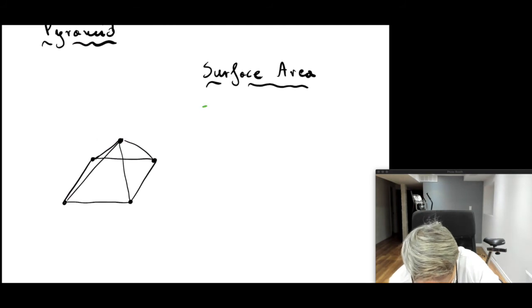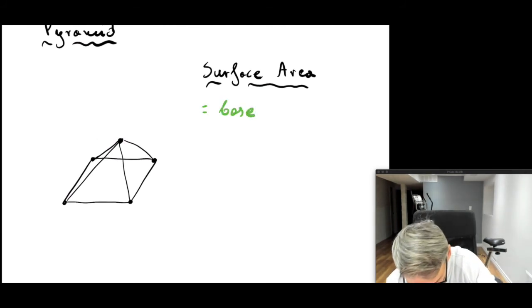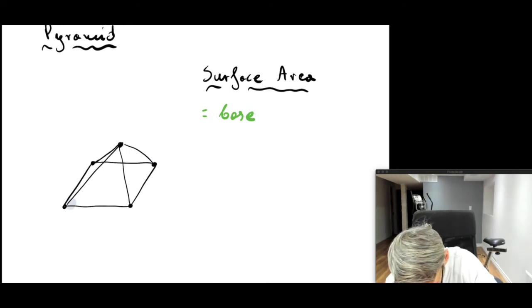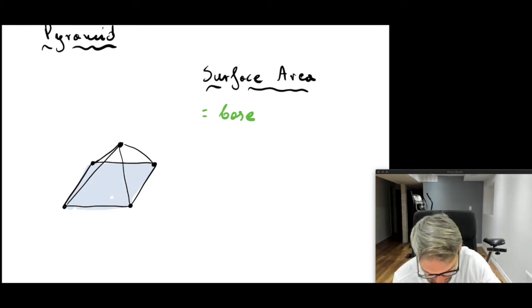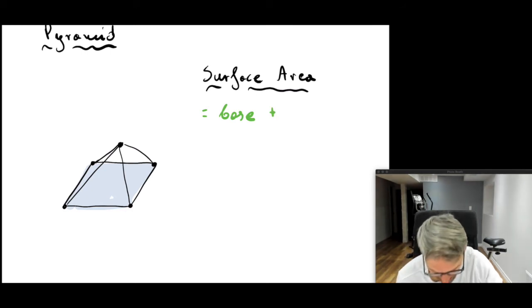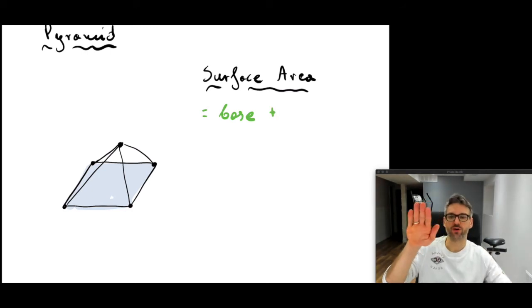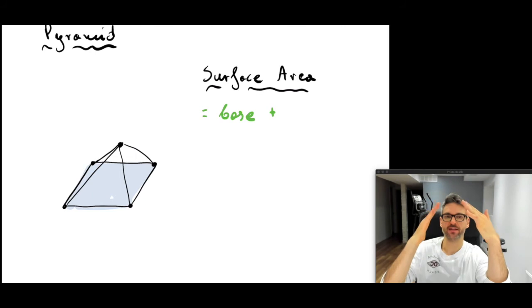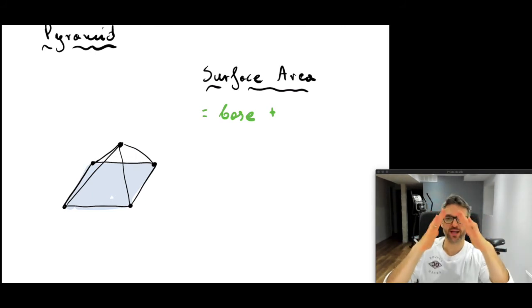The surface area would be equal to our base, that's the base right there, plus those triangles, which are our sides.